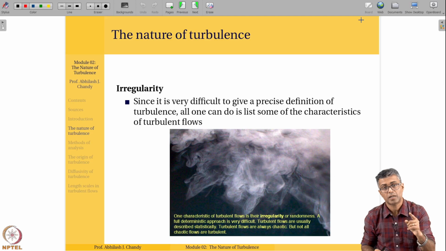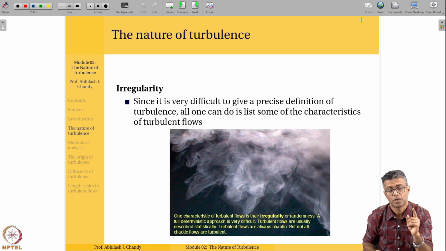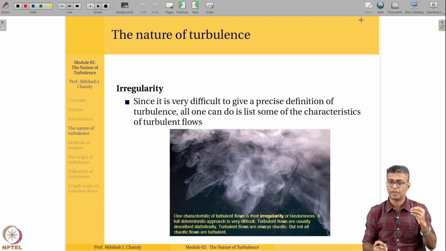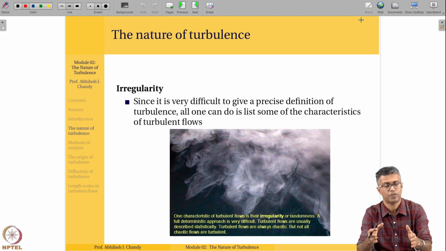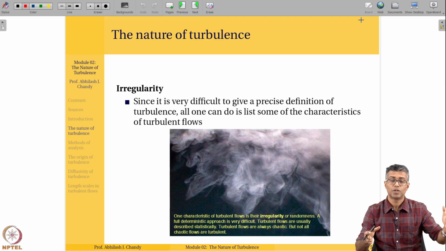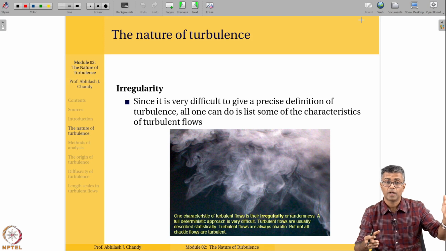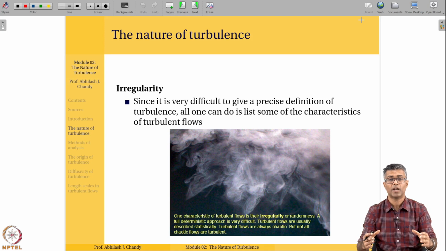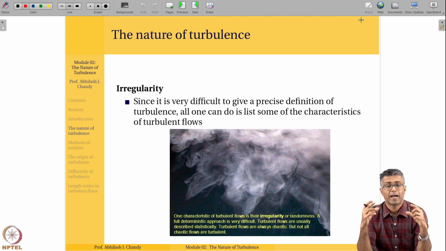We are starting with the first such attribute, which is irregularity. Again, this is all because it is hard to define turbulence in a very definite way, although there is a modern definition of turbulence. We saw that through different historical descriptions, and we have arrived now at a modern definition, which is accepted now.